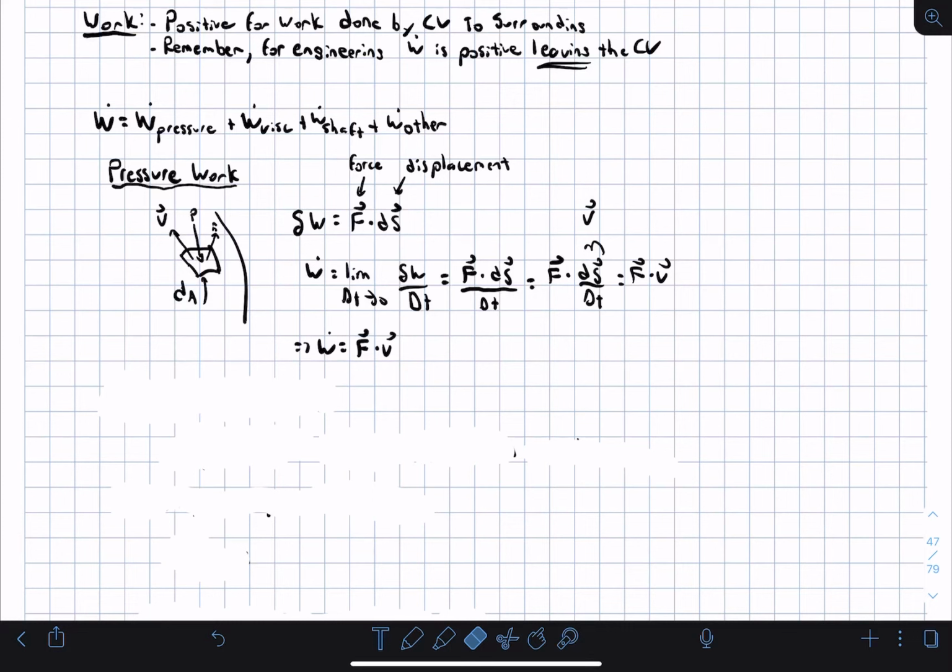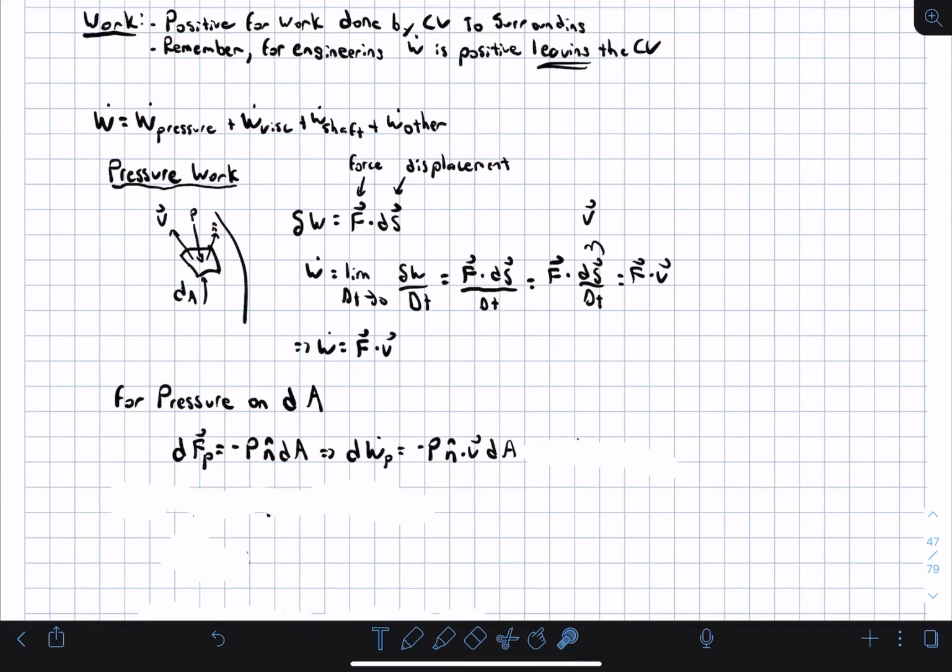Then for pressure acting on our surface element dA, the differential amount of force acting on it is just minus p times n hat dA, because remember, the pressure always pushes against the surface. So it is acting opposite of n hat.